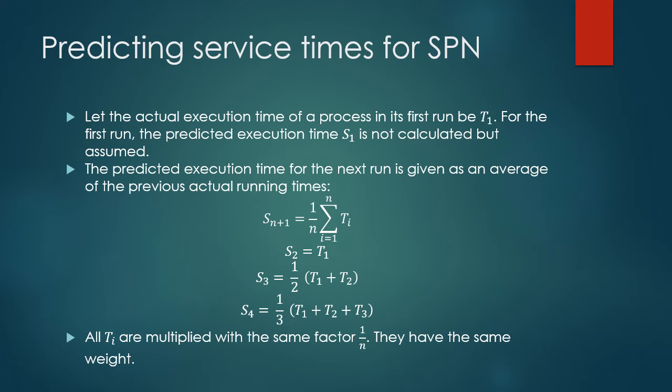Sn+1 is 1/n times the summation of Ti, where i goes from 1 to n. If you write this formula down for different values of S, you will see that S2 is T1, S3 is 1/2 (T1 + T2), S4 is 1/3 (T1 + T2 + T3). All Ti's are multiplied with the same factor 1/n. They have the same weight in the calculation of the predicted execution time.